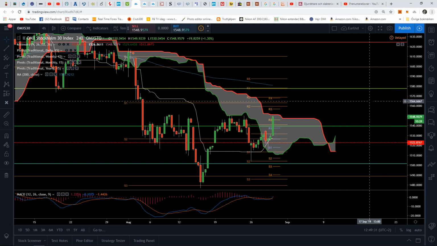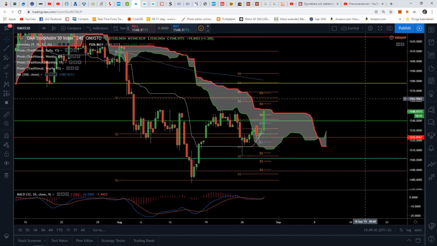So it's been a while since I made a video about the Swedish stock market. I'm looking at OMX30. And I thought we're going to start here on the low time frame. This is H4, the 4-hour chart. Looks quite interesting actually. Of course, it's been very shaky on the stock markets and everyone is worried.